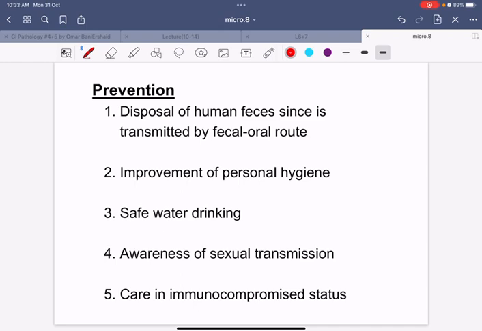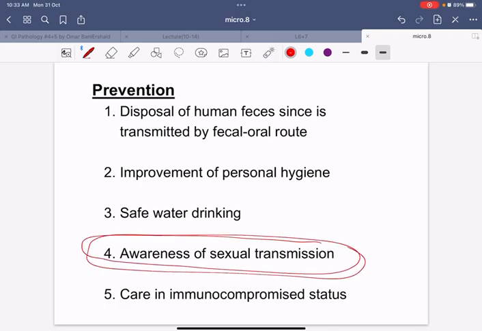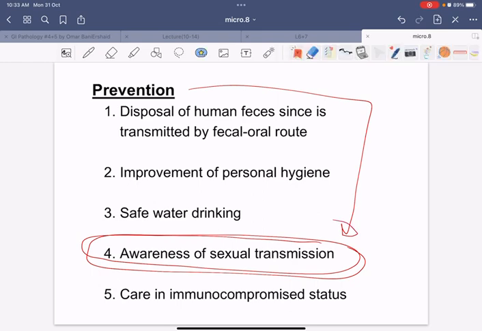Improvement of personal hygiene, safe drinking water, of course. Awareness of sexual transmission. Remember this point, I kept it to the end. And care about immunocompromised patients, because these people are more susceptible to getting the infection.